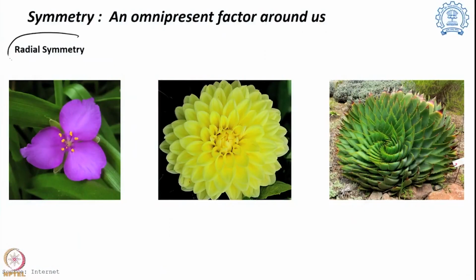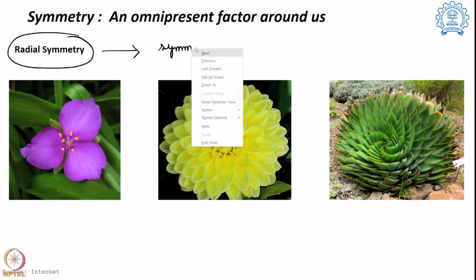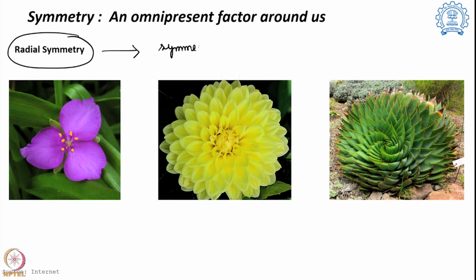Then we go to the next one, which is known as radial symmetry. So, what is radial symmetry? Over here we find the symmetry around an axis.